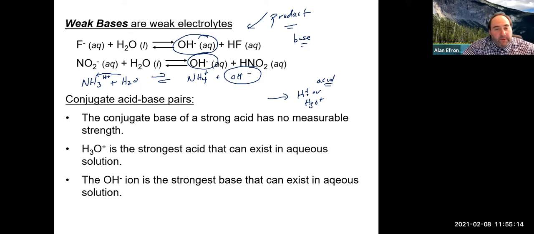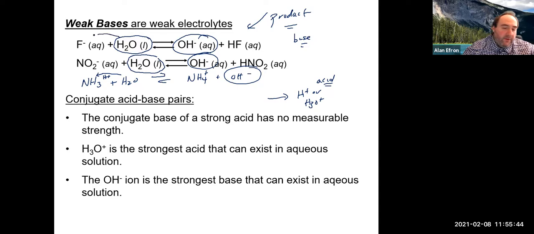That's why it's really important in this class, as we talked about, to know how to properly write these equations so that you get the correct products, and it'll also help you with the calculation part of it. The other thing I will say about including water in the reaction is that this is usually a good place to include the water when you're writing equations, especially for weak bases, because very often people can't visualize what's going on.